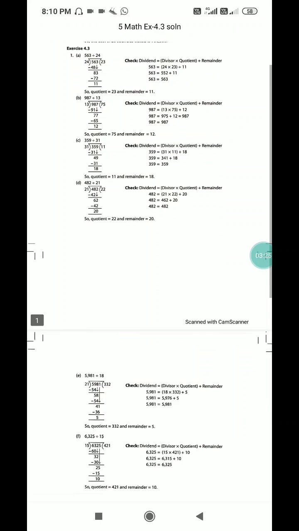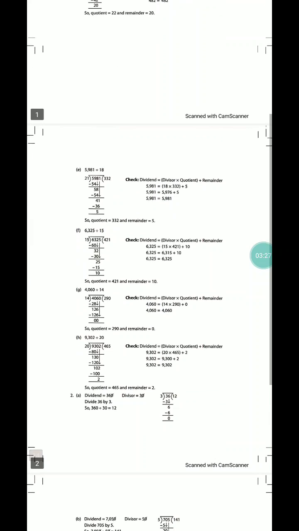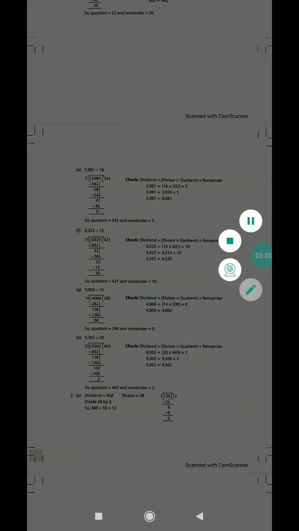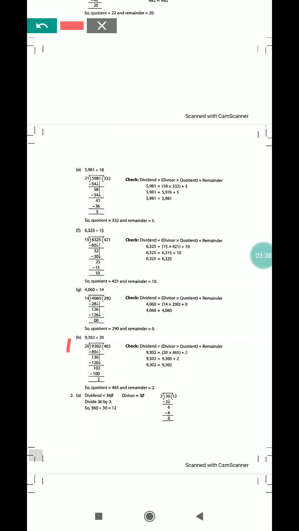Let us do another sum of this exercise only. Now we will do part H. Here it is given 9302 divided by 20. So we will have to put the number like this.